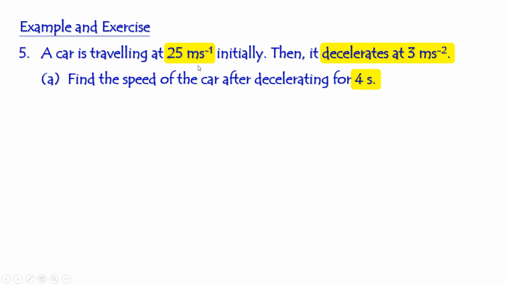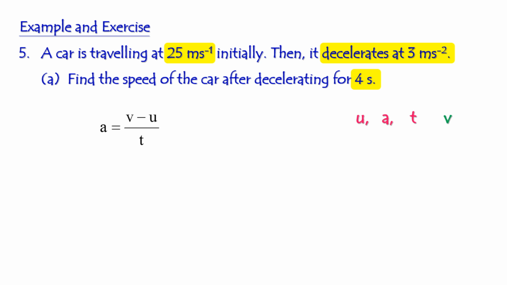So the speed should be smaller and smaller because the car is decelerating. So we write down the symbols first: u, a, and t, and you have to find out the value of v. Okay, so make use of the equation. What is the value of a? You become more wise now.